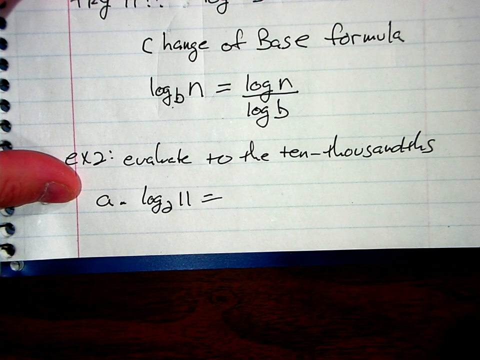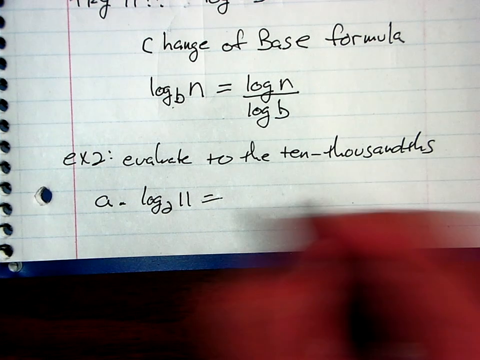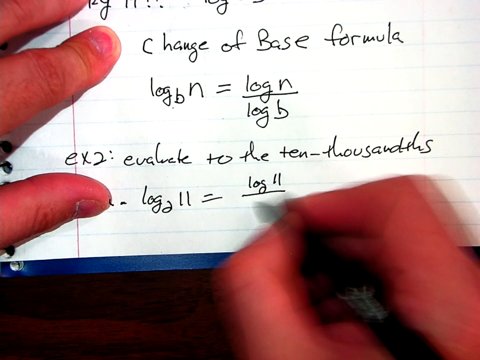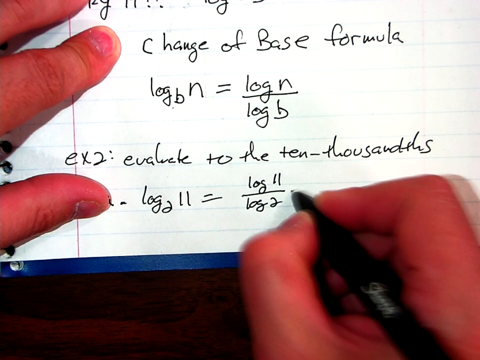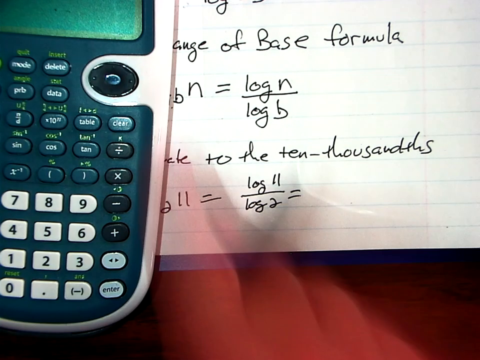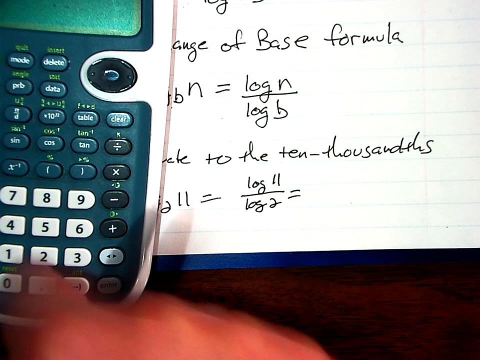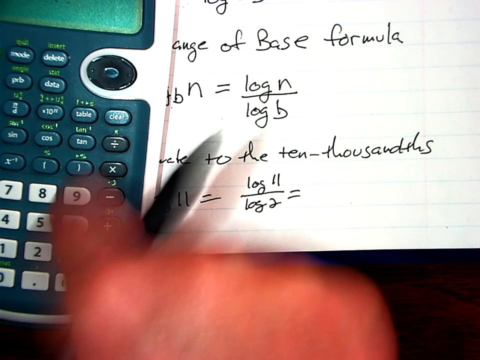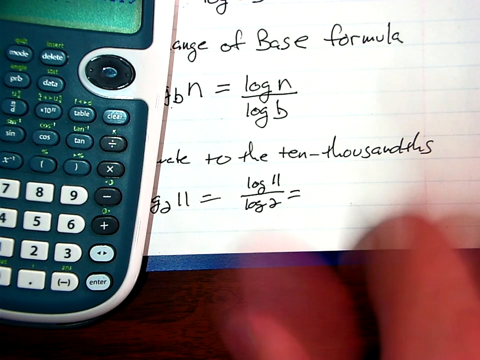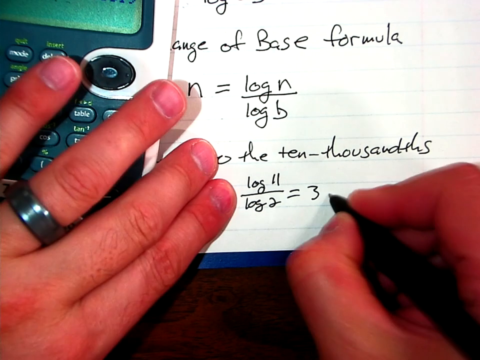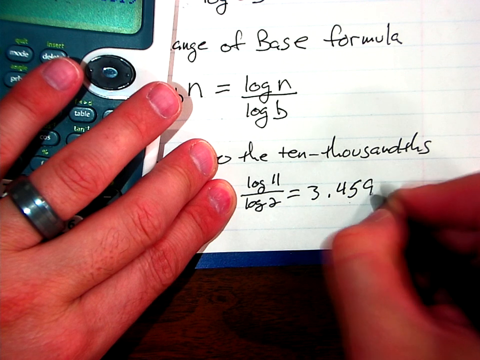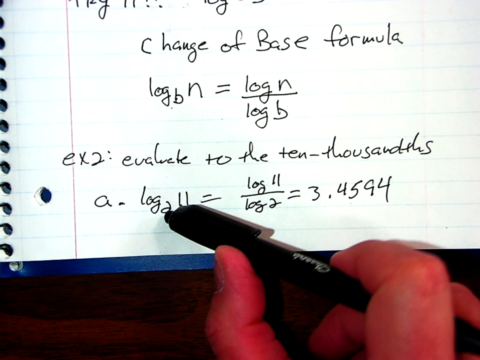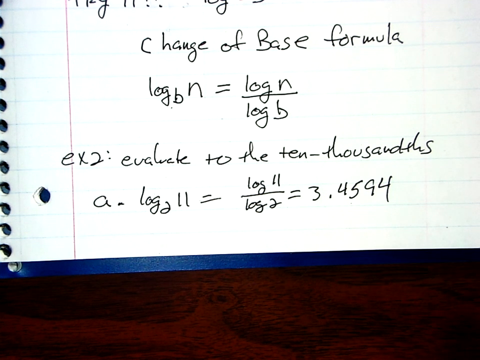Like I said, this splits into 2 pieces: log 11 divided by log 2. So on my calculator, log 11 divided by log 2. Enter. 3.4594 is your answer. As long as you can remember that the base goes on the bottom, this isn't too difficult.